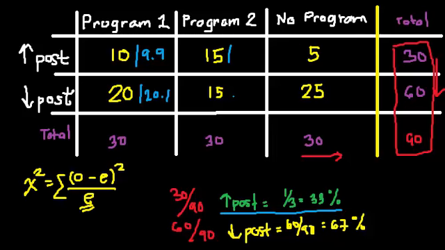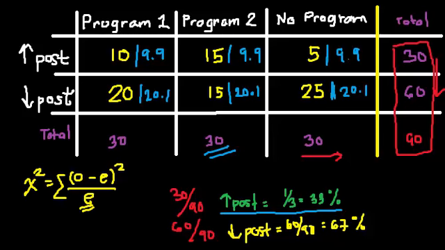Now since program 2 has the same total number, 33% of 30 we expect to be 9.9, and 67% of 30 is 20.1. Those are expected, and it's also 30 in here, so we expect this to be 9.9, and we expect this also to be 20.1.